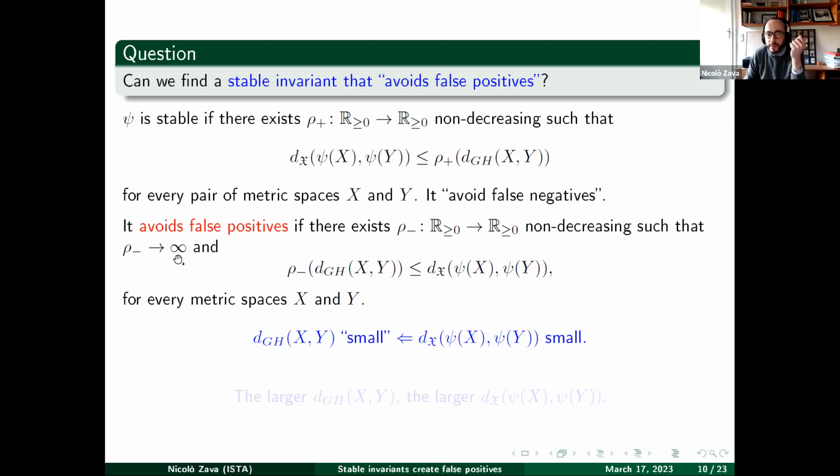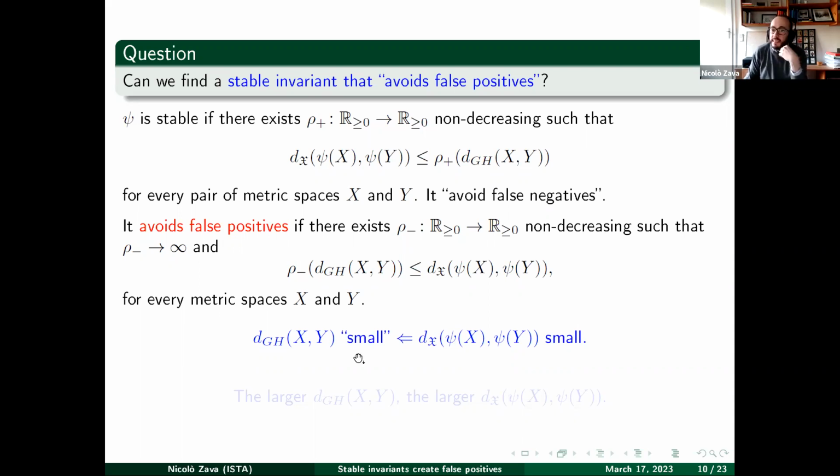There is a technical requirement here asking that rho minus has to tend to infinity, otherwise every invariant satisfies this inequality. You could just take rho minus to be the constant 0, and so no information actually is provided.